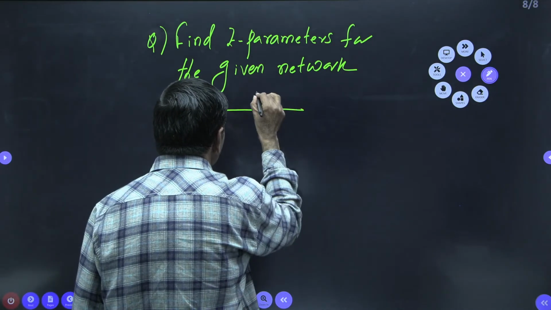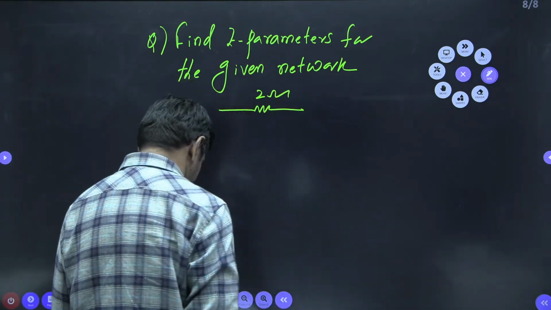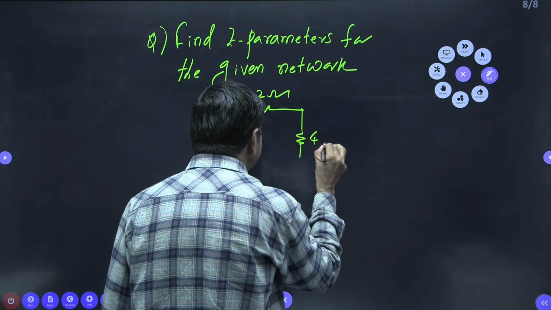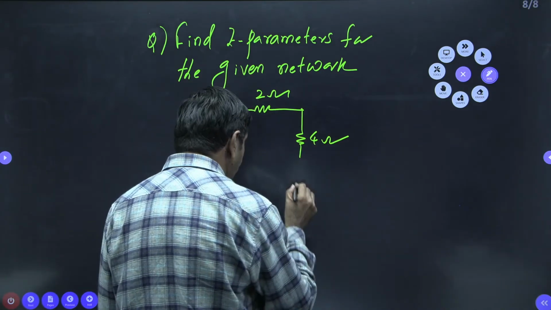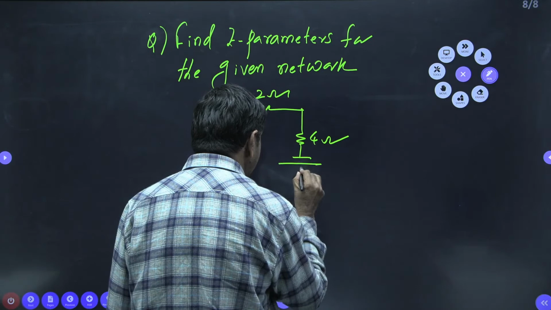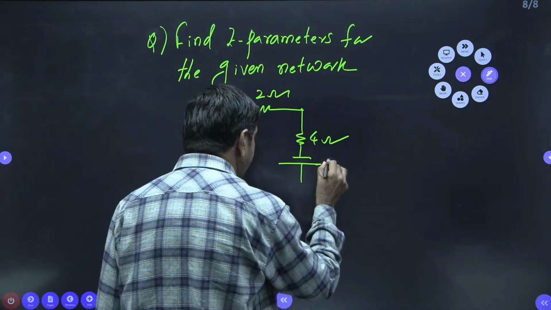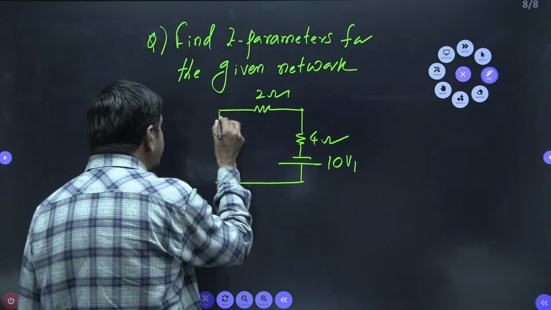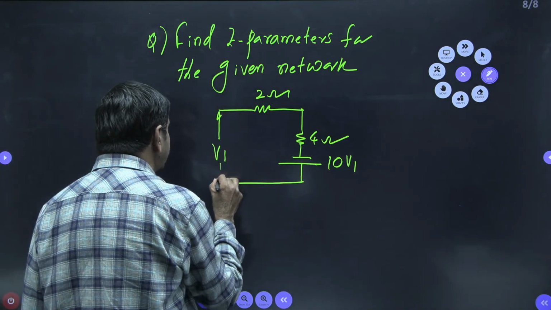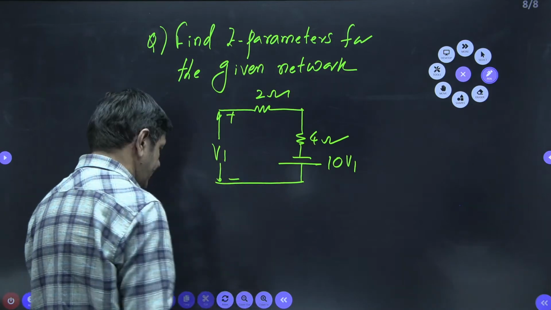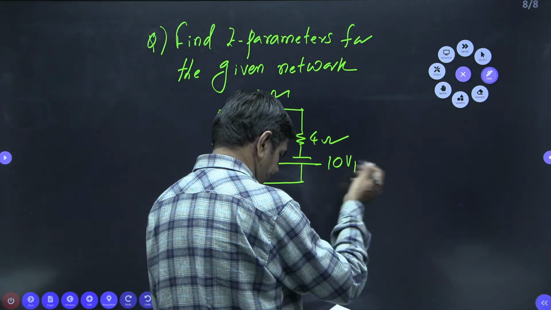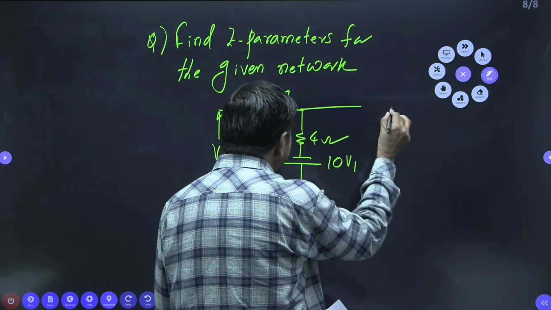There is one 2 ohm resistor. And also here connected with one 4 ohm resistor. And here connected with one voltage source like this. This is given as 10 V1. The voltage between these two terminals is given as V1. This is a plus, this is a minus. Here it's not connected to any supply or any resistor on this side. This is V2.